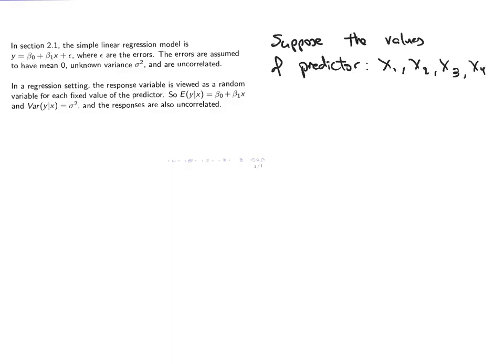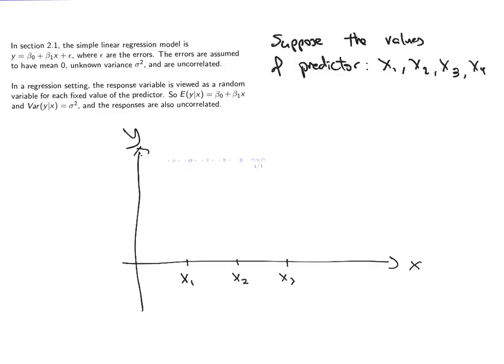So let's imagine a scatter plot of our x and y variables, and we have 4 specific values in this particular data set: x1, x2, x3, x4. Let's imagine we have these data points over here, 2 data points, another 2 data points, another 2, and another 2. And then we'll say the regression line that probably best describes this scatter plot is something like this. So that's our regression line, beta 0 plus beta 1 times x.